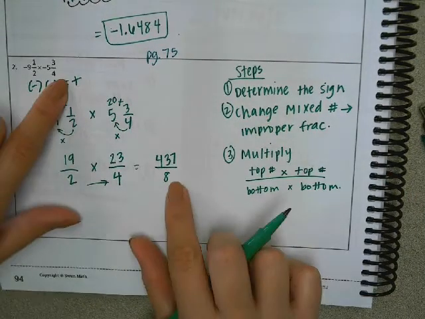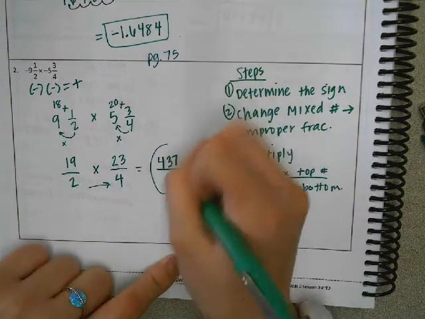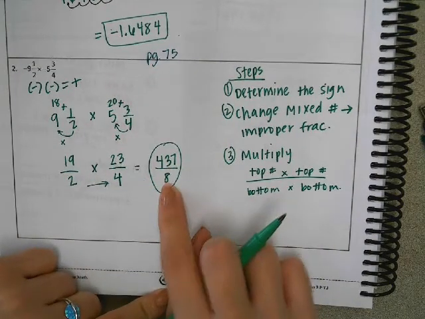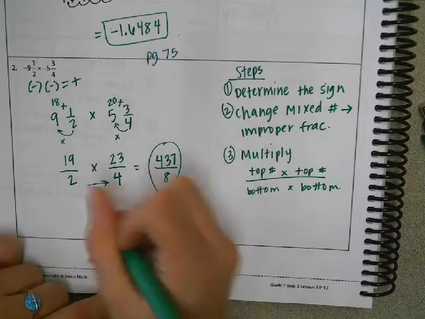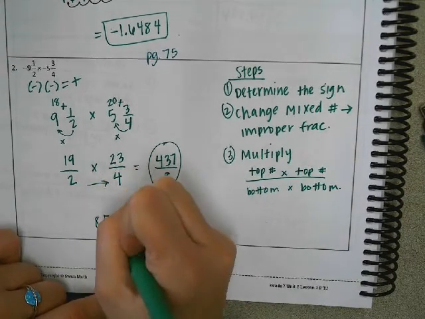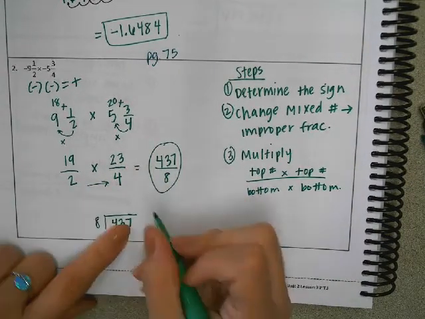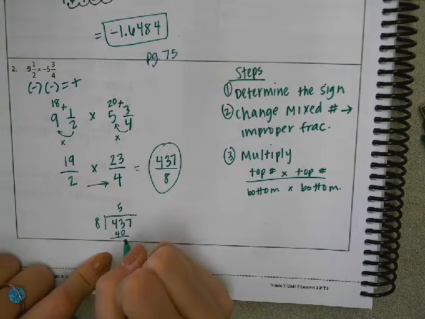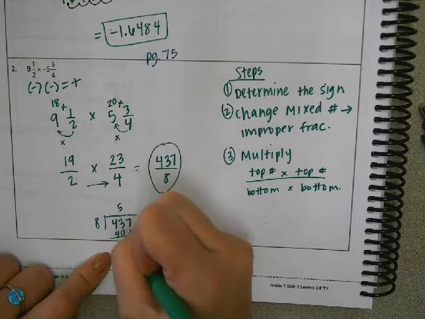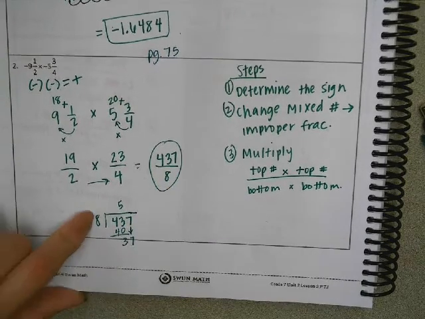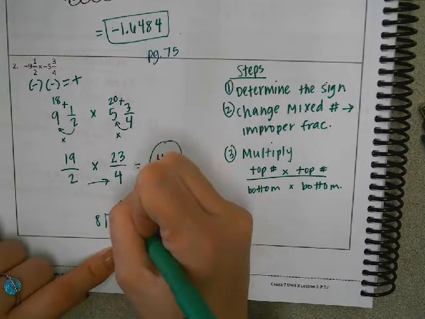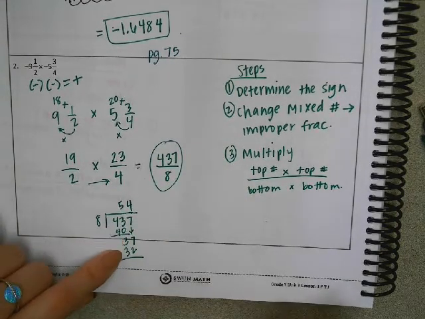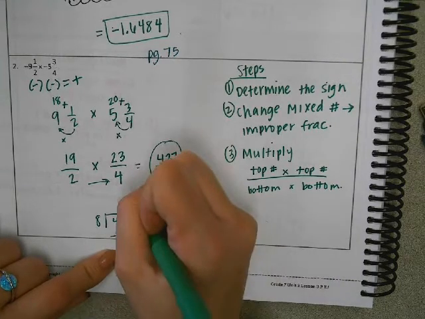Okay, remember my answer is positive, so I can just leave my answer like that. Or I can divide 437 divided by 8, change this to a mixed number. So 8 into 437 goes into 43 5 times, 40. 3, bring down your 7. 8 goes into 37 4 times, 32. 37 minus 32 is 5 over 8.